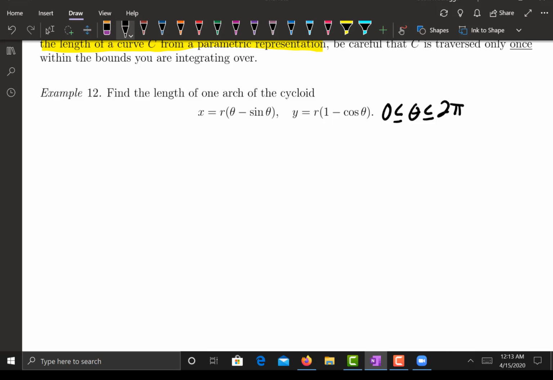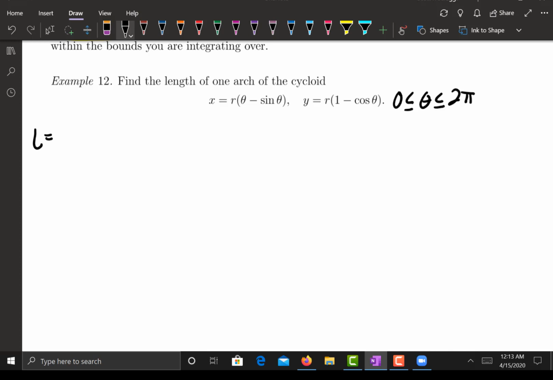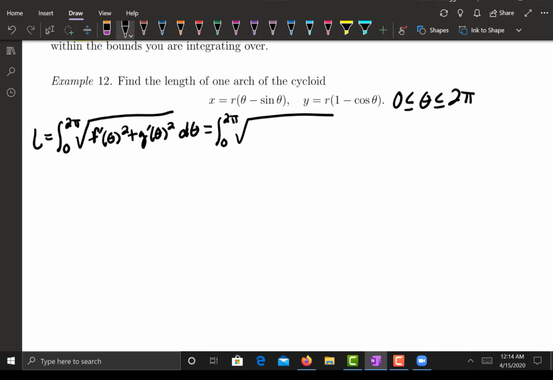So just like before, I'm going to calculate L equals the integral from 0 to 2 pi of the square root of f prime of theta squared plus g prime of theta squared d theta, which equals the integral from 0 to 2 pi of the square root of r squared times (1 minus cosine of theta) squared plus r squared times sine squared of theta.